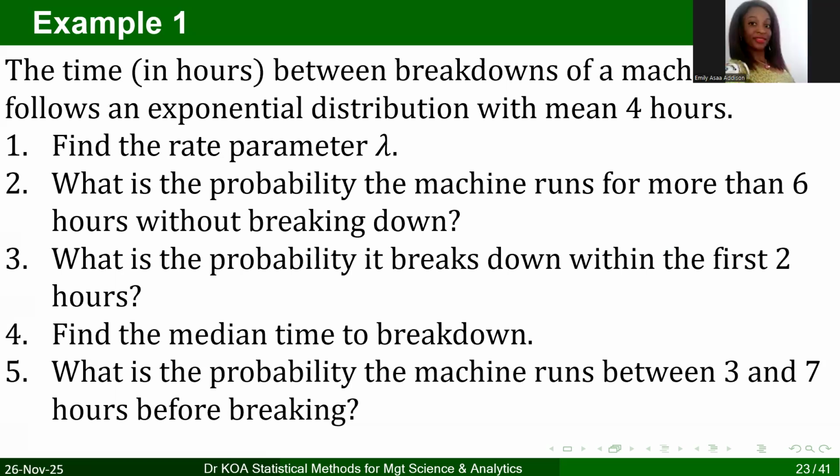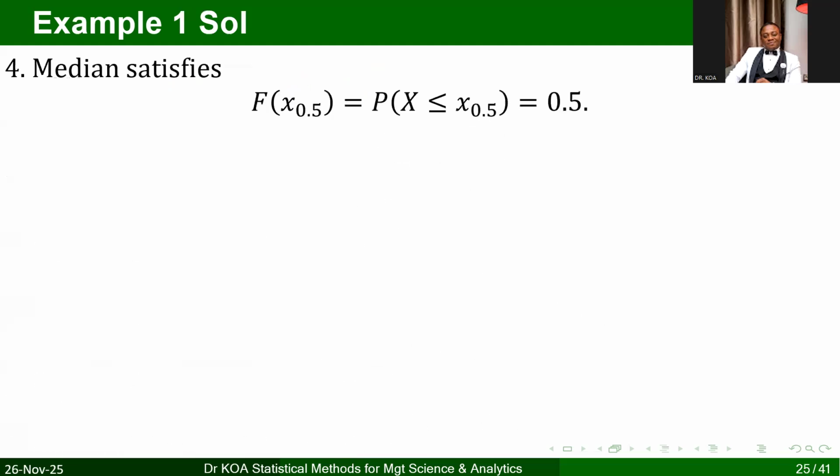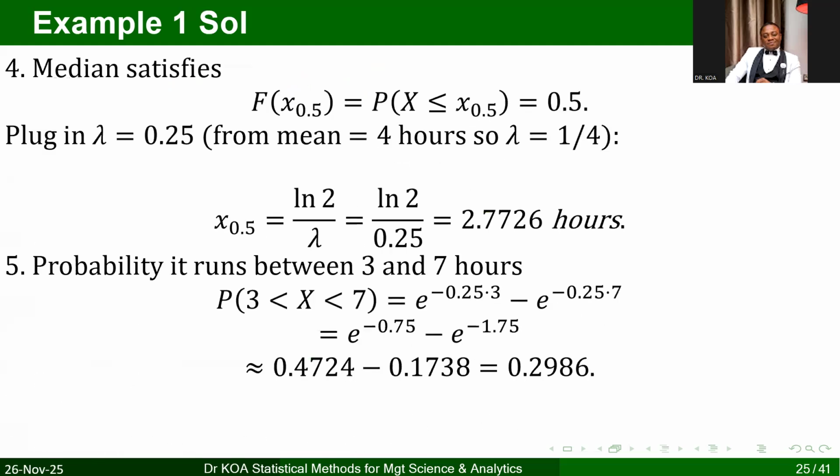You subtract the 7 value from the 3 value. You mean you subtract the 0.1738 from the 0.4724? Yes. And that gives you what you have on your screen here.